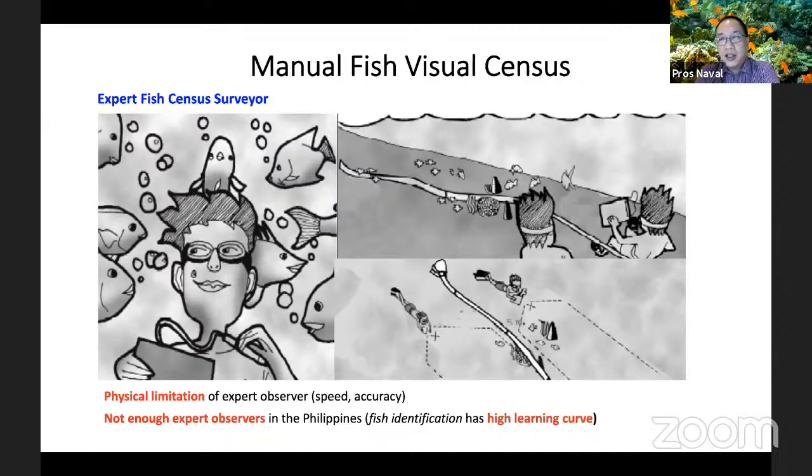And all the fishes that are inside that 5 by 5 by 5 unit volume, or equivalently 5 by 5 area, will be counted. Those that are outside that would not be included in the count. So that itself is already challenging. It already requires a very high level of expertise.